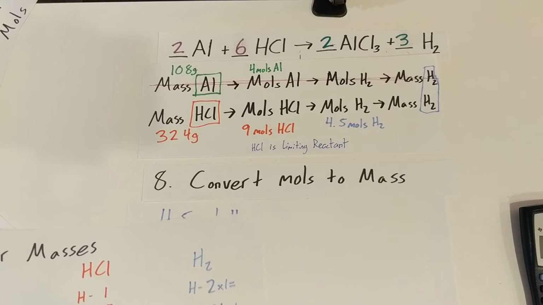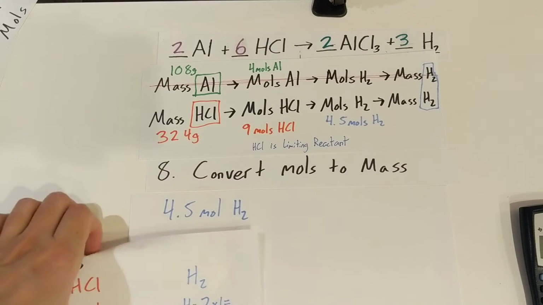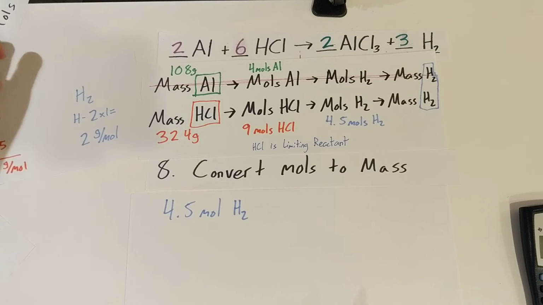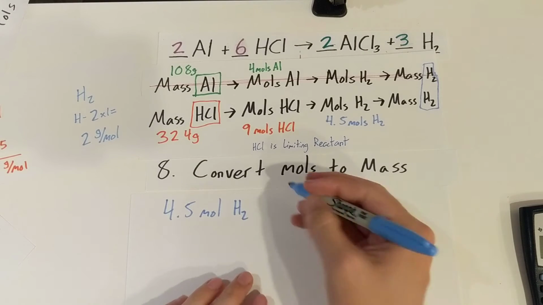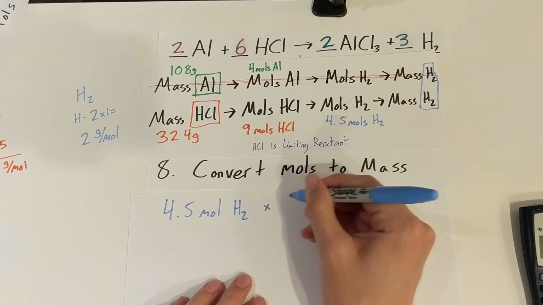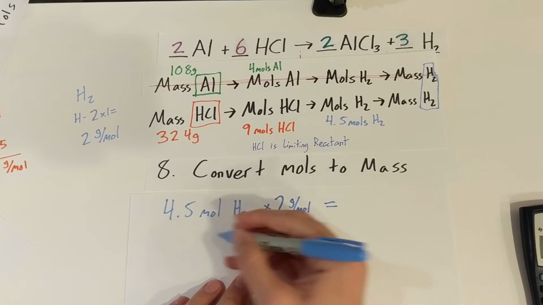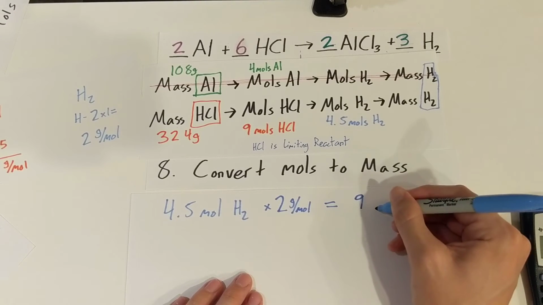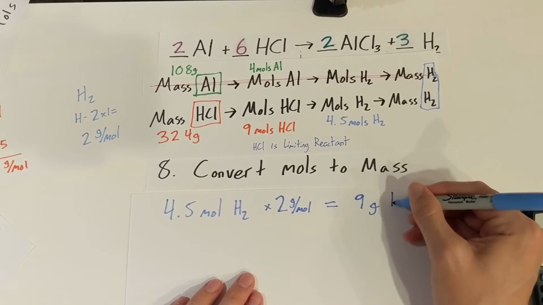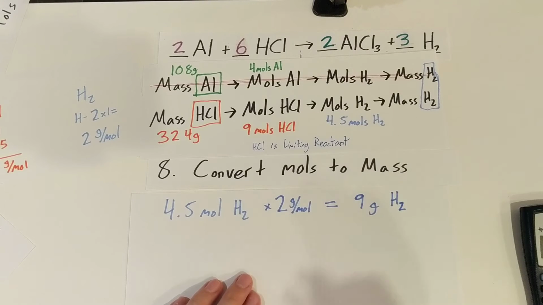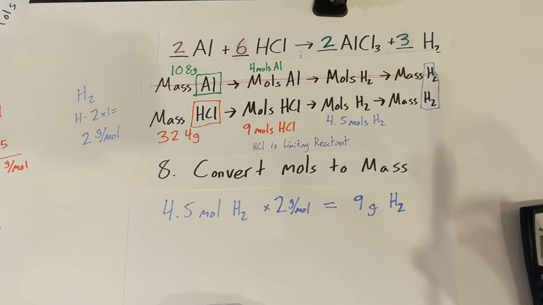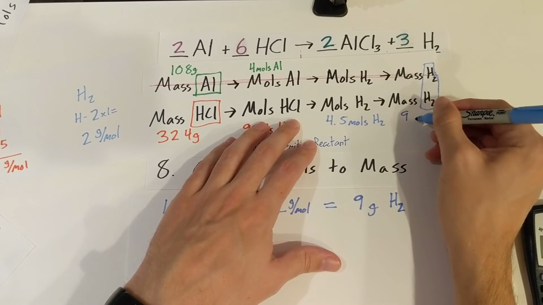And our molar mass happens to be 2 grams per mole. So we're going to multiply it by 2 grams per mole. And that will give us roughly 9 grams of hydrogen, of H2. And that will be our answer.